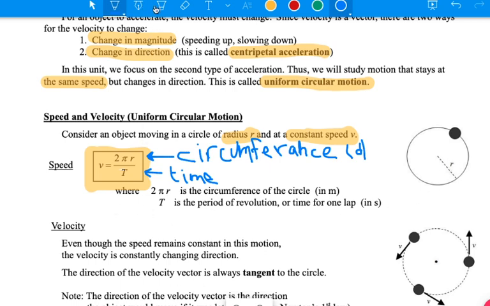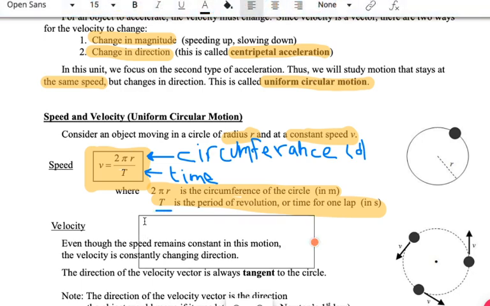So 2 pi r is the circumference of a circle, and capital T, so focus in on the capital. Whenever you see a capital T, we know we're working with period.